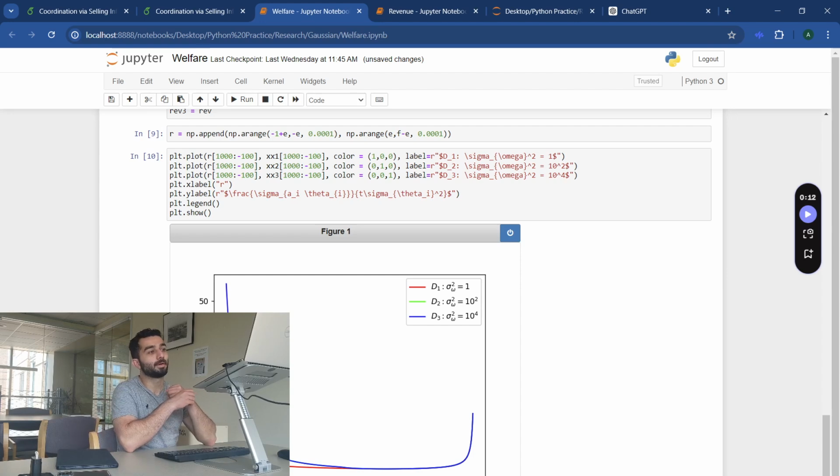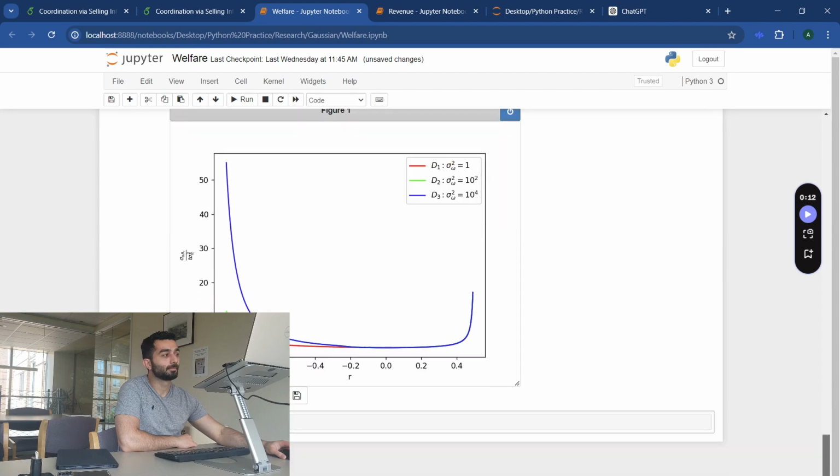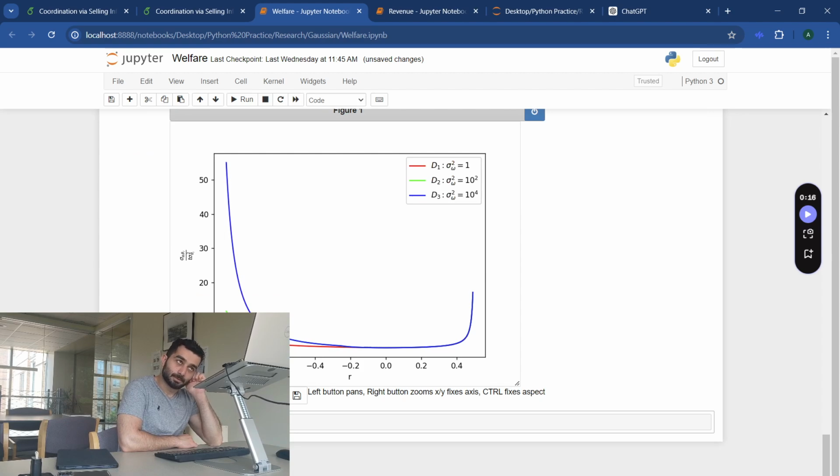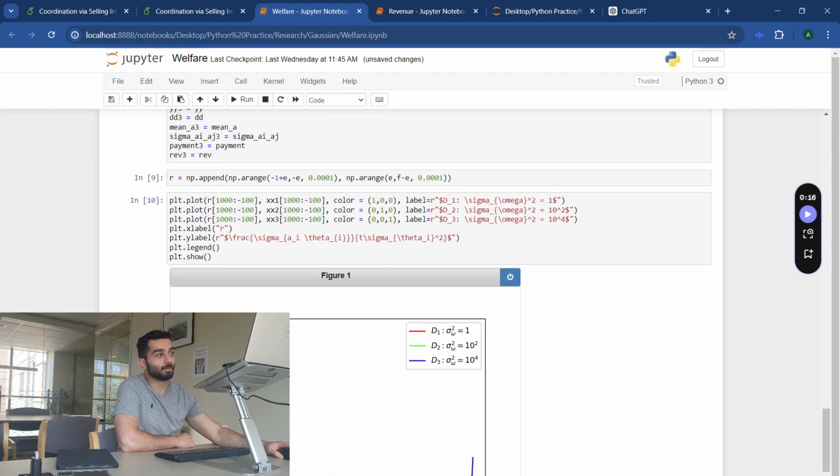It's quite similar, right? It's pretty similar. Actually, it is very nice to see the difference in revenue and welfare.